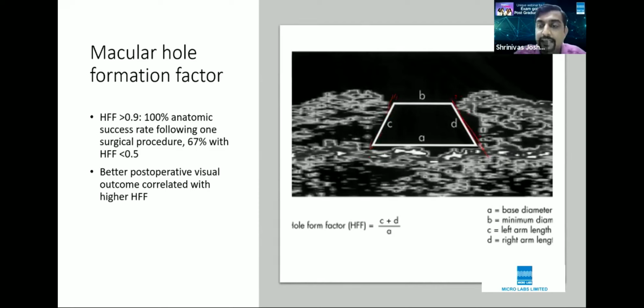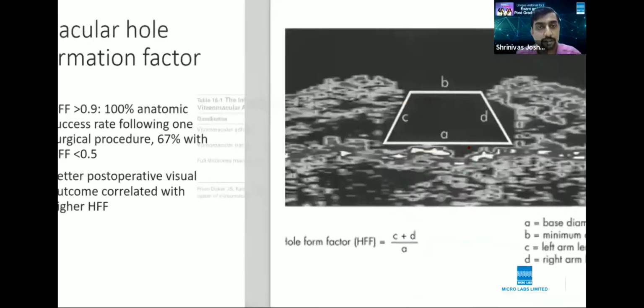The left arm length plus the right arm length, divided by the basal diameter. If you see this figure here, that is C plus D by A, where A is the basal diameter. If it is more than 0.9, it has a good prognosis. If it is less than 0.5, it has a bad prognosis. Nowadays it's not very relevant, but examiners are still very fond of asking about the hole formation factor.